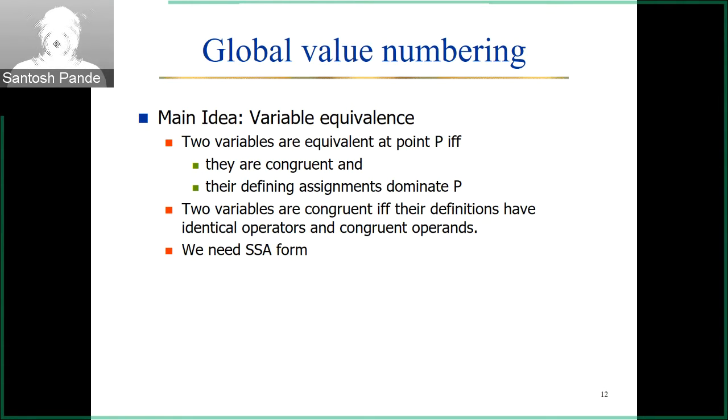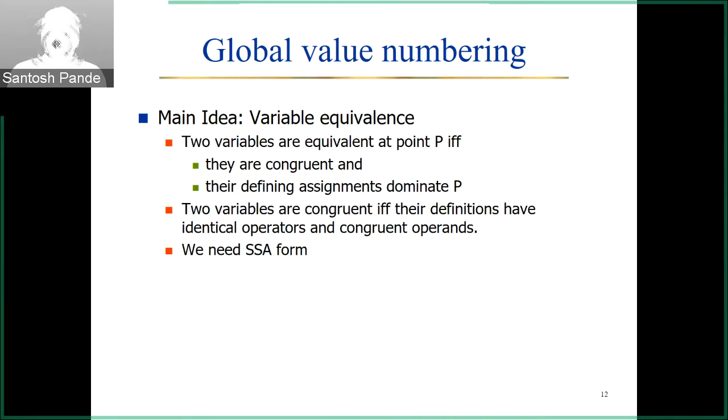The first condition, that they are congruent or equal in terms of their values, is expanded further using the SSA notation and how the values are really derived in the SSA format. So look at the second bullet on this presentation.